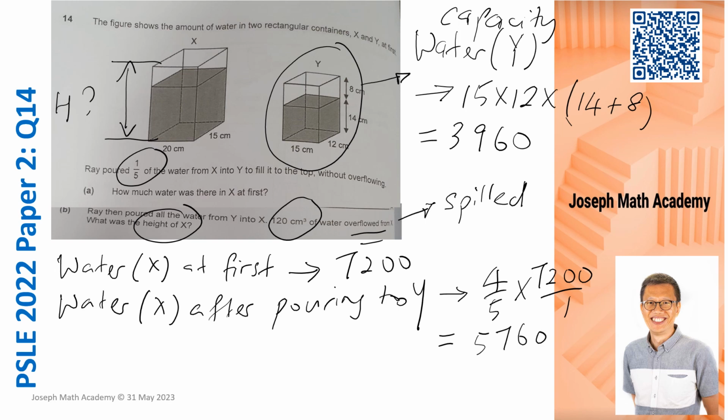Now when water is poured from Y into X in part B, that means X must be full already, causing the spilling of 120 cubic cm. So let's do this action.